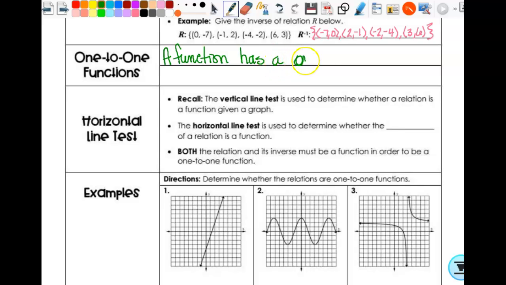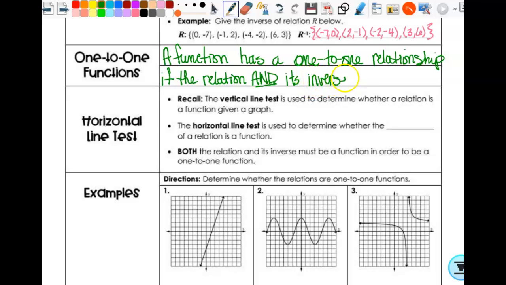A function has a one-to-one relationship if the relation and its inverse are both functions.